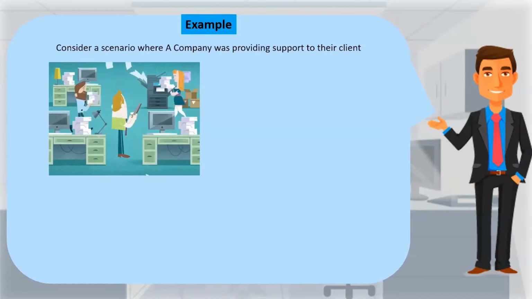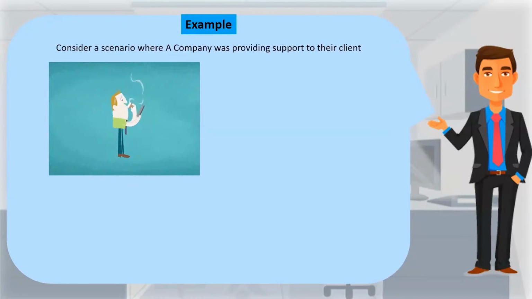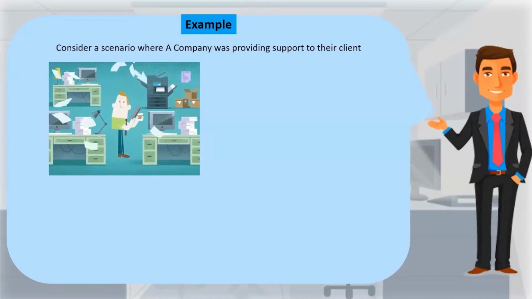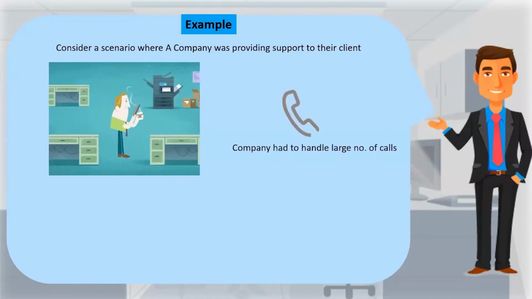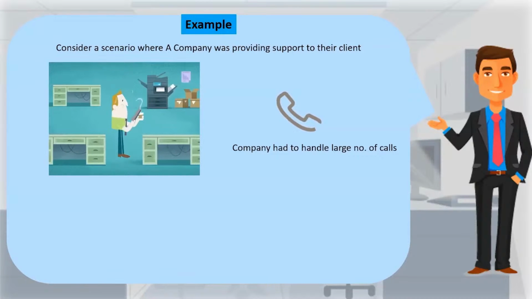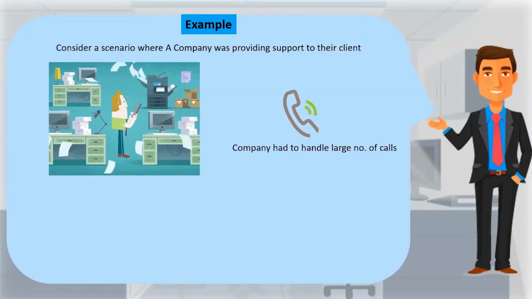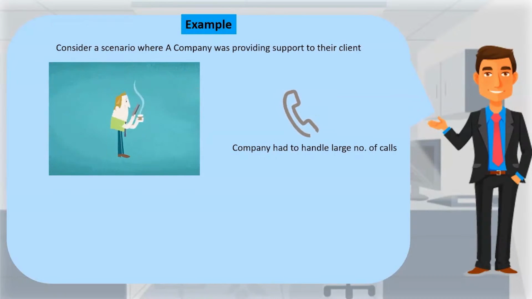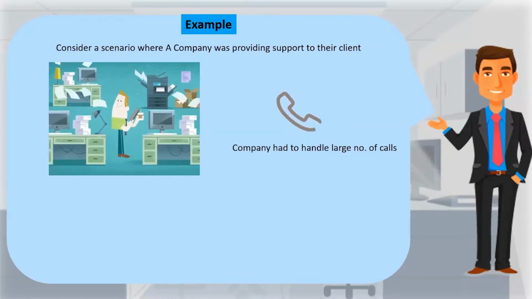Let's look at an example. Consider a scenario where a company was providing support to the client, and the company was supposed to handle a large number of calls, approximately 20,000 calls per month, which required a significant amount of time spent in the support team. Because of the system's complexity, an executive's average time was about 10 minutes, as the system was inefficient and slow, resulting in a poor customer service.